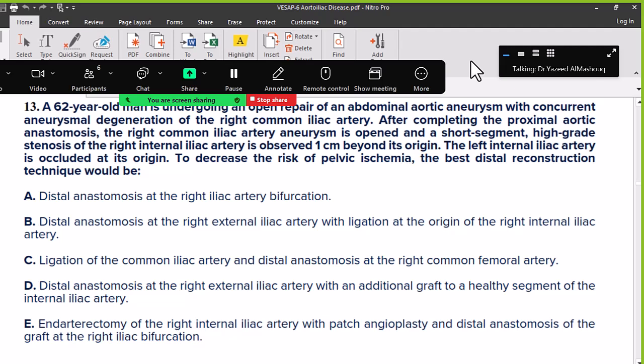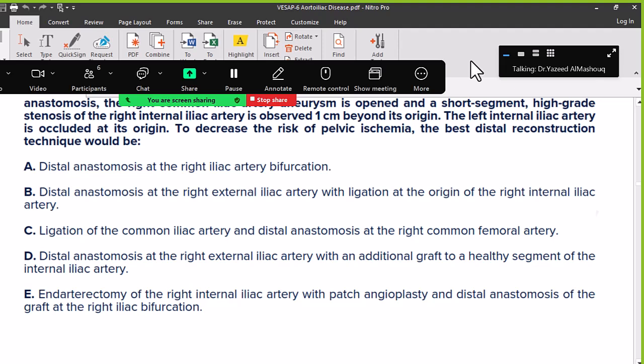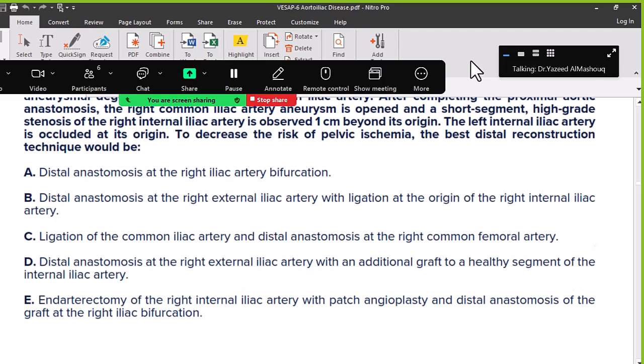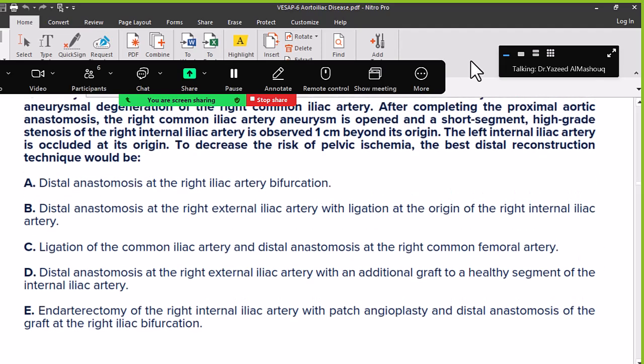D. Distal anastomosis at the right external iliac artery with additional graft to the healthy segment of the internal iliac artery. I might consider this. E. Endarterectomy of the right internal iliac artery with patch angioplasty and distal anastomosis of the graft to the right iliac bifurcation. I didn't see anyone doing endarterectomy of the internal iliac artery.